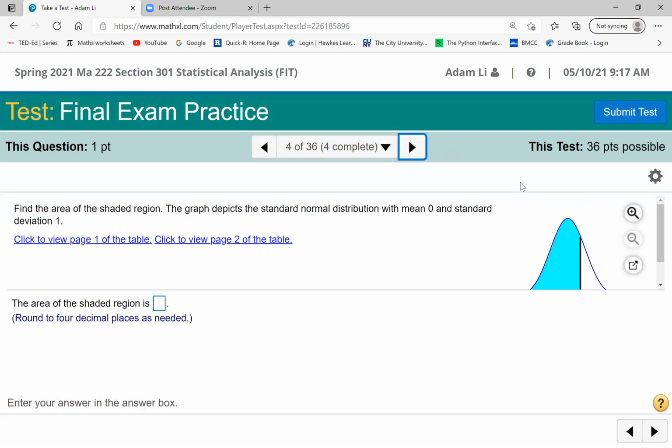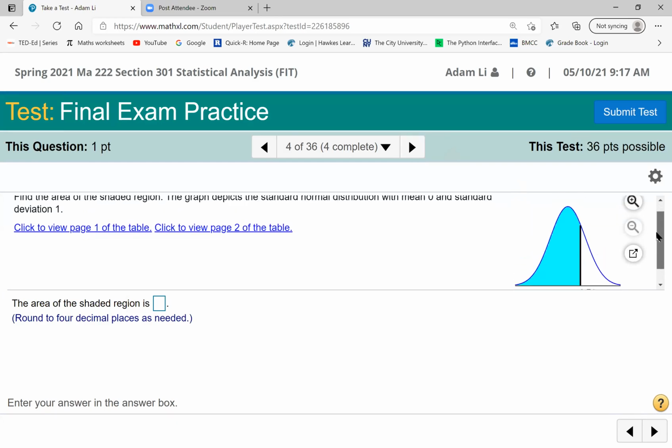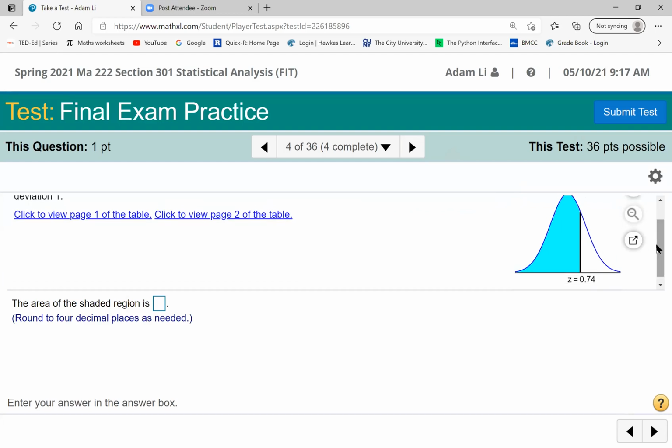Very similar to your homework examples too. Find the area of the shaded region. The graph depicts a standard normal distribution. So you are given a z-score and you want the area to the left. One more time, all you have to do is open the formula sheet.